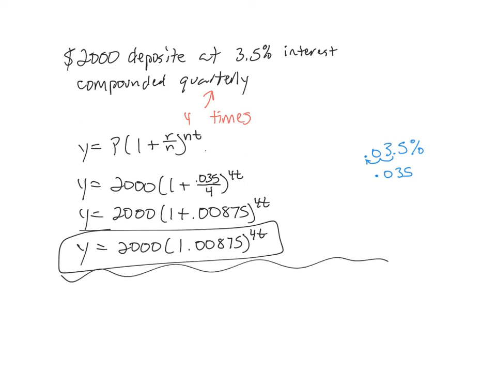So you'll have two problems that say compounded quarterly, one that says compounded monthly, so that's 12, and then one that will say semi-annually, which means 2 times per year. So on that problem, plug in 2 for n in your equation. Okay, so 3 sets of problems.